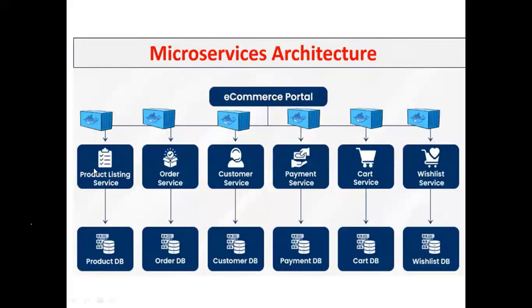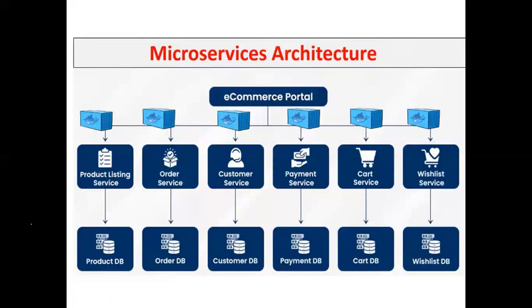So you need to run the same application in multiple containers. Suppose 10 containers are required for the product listing service, and for each service 10 containers are required. So around 60 containers are required for your running application.